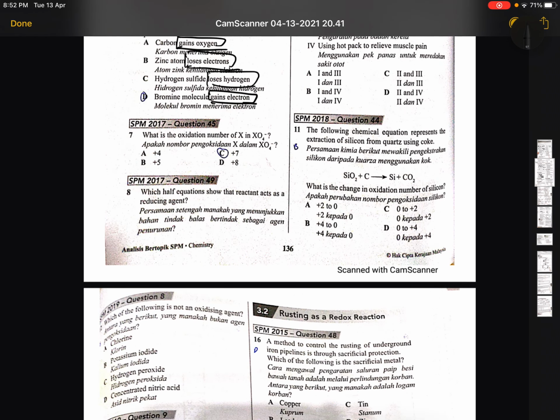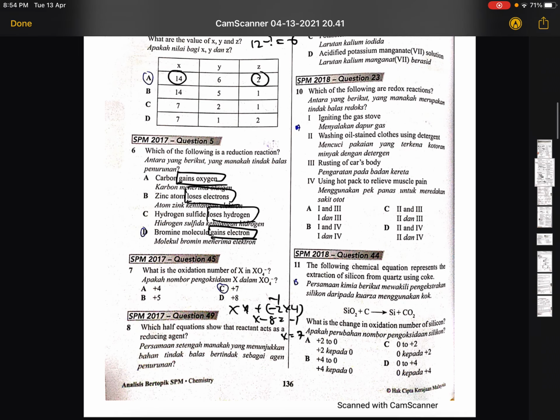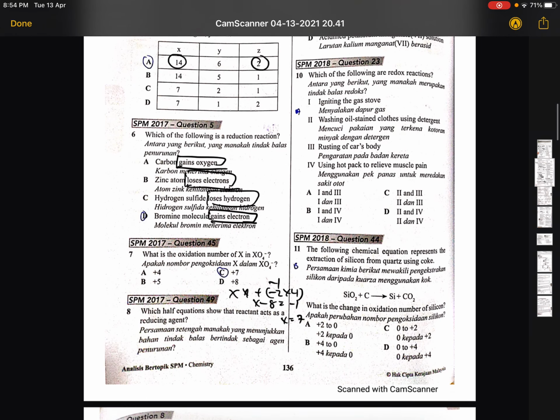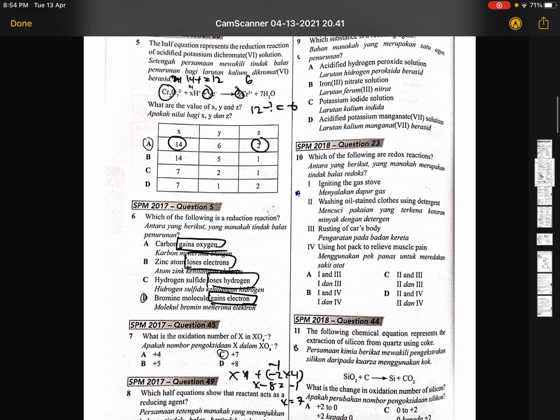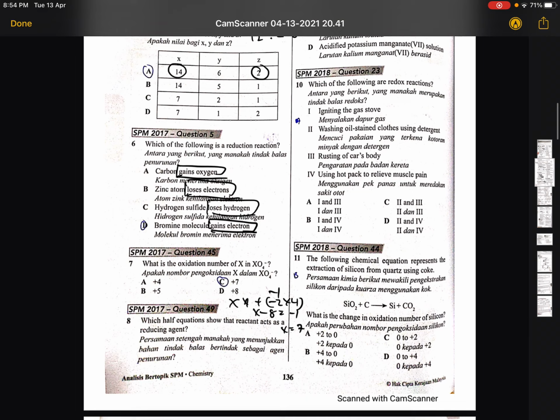What is the oxidation number of X in XO4-? You know that the total charge is -1, and oxygen is always -2, so -2 times 4. So x minus 8 equals -1, so x equals -1 plus 8, which is 7. Which equations show that the reactant acts as a reducing agent?